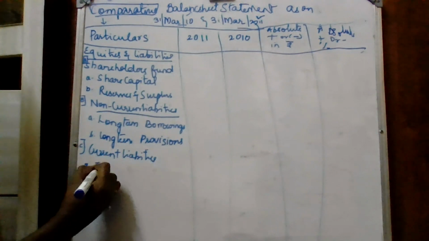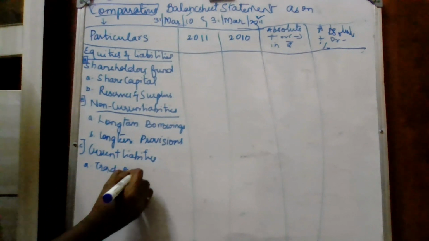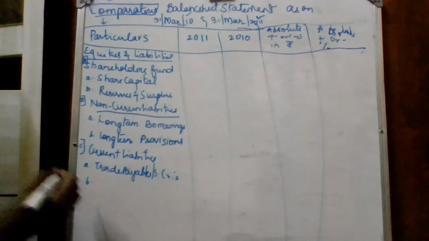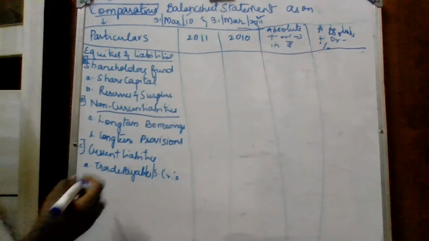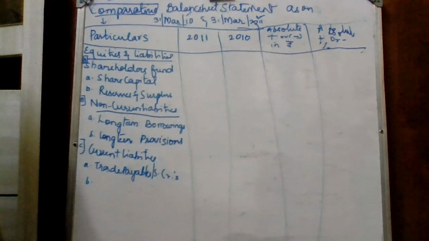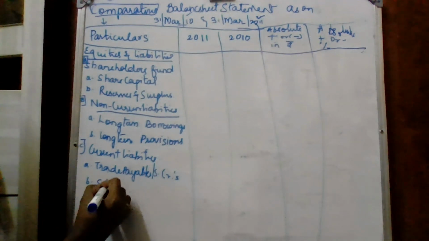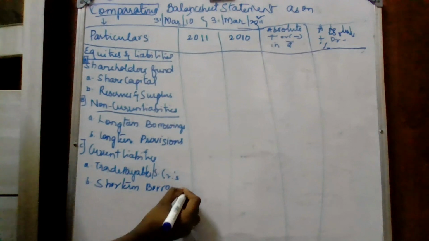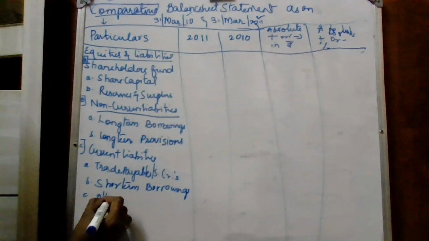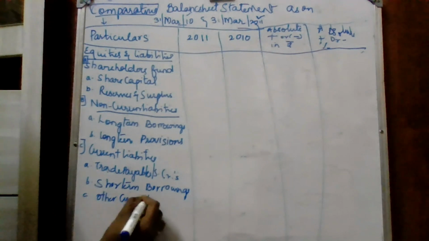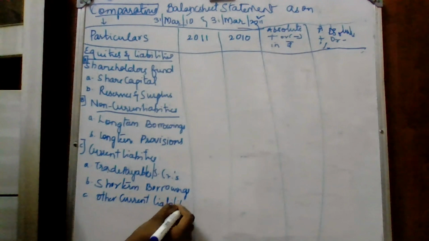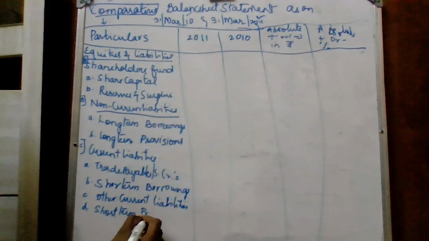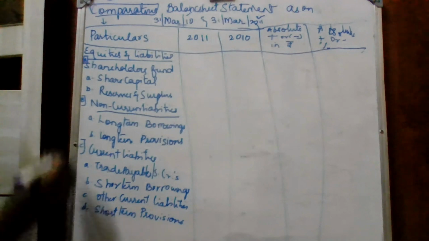Under current liabilities, we have trade payables, also known as sundry creditors, short-term borrowings, other current liabilities, and short-term provisions. So this will be the format for the liabilities side.